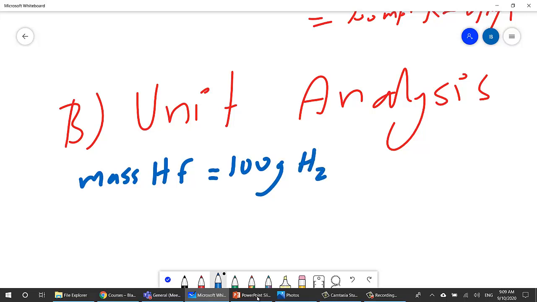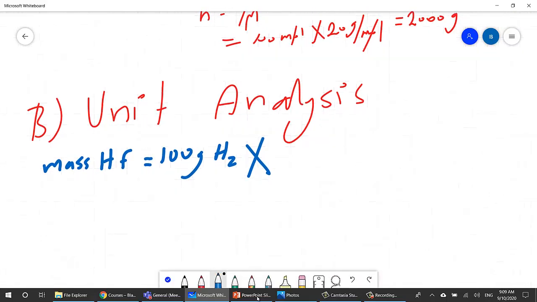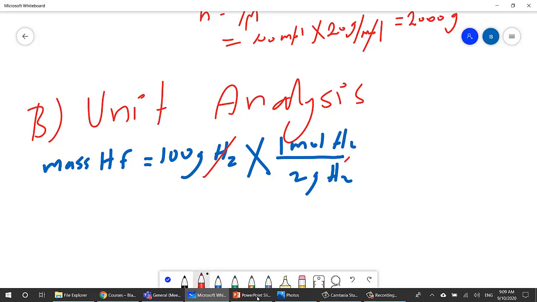So you put that, and then you start multiplying. In unit analysis, we only multiply by factors. According to your plan, you want to change that into moles, so it's very easy. You say 1 mole of H2 is 2 grams of H2. See, very easy. So this one goes with this one. And then you carry on with multiplication.